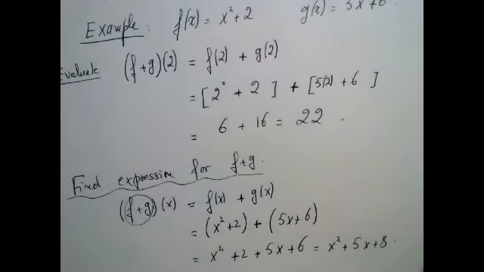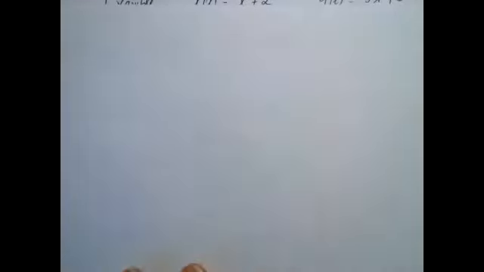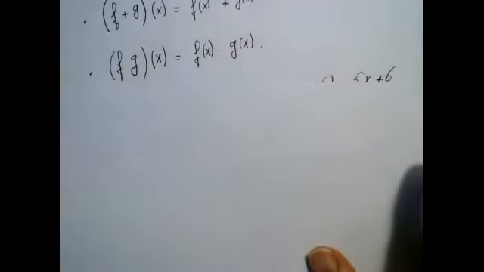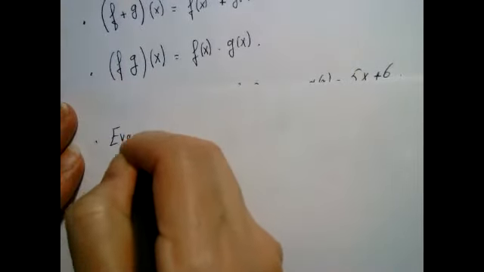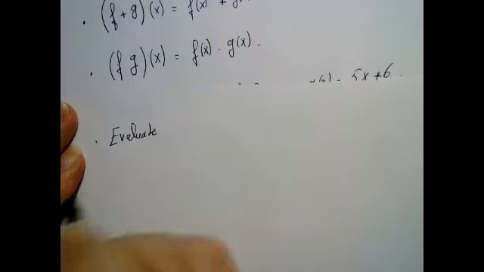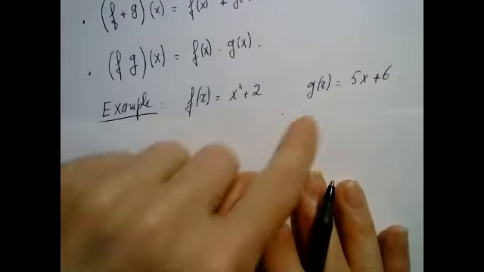Now I'm going to work with the multiplication. Let's see what this other notation means. So suppose now I ask you the following. Evaluate. My functions are the same. So this is my f, this is my g.